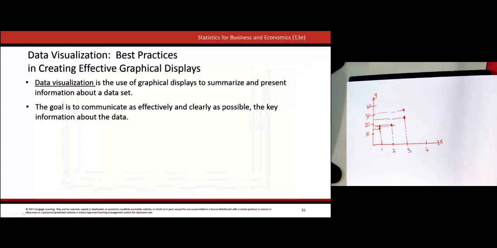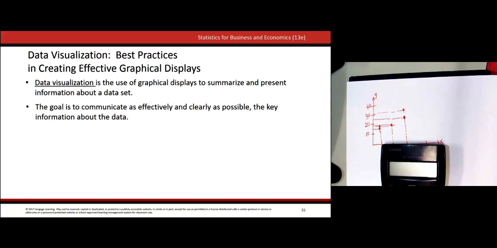So that is a brief discussion of data visualization. Data visualization is the use of graphical displays to summarize and present information about a data set. The goal is to communicate as effectively and clearly as possible the key information about the data.